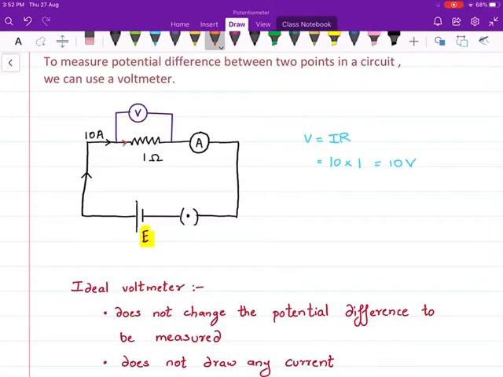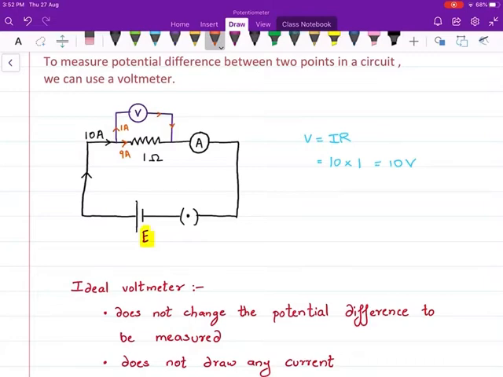One part is going this way, and some small current out of this 10 ampere will pass through this voltmeter. Suppose 9 ampere current is flowing through this resistor and 1 ampere current is passing through this voltmeter. Out of this 10 ampere, 9 ampere is going to the 1 ohm resistance and 1 ampere is going through the voltmeter. But now the problem has happened.